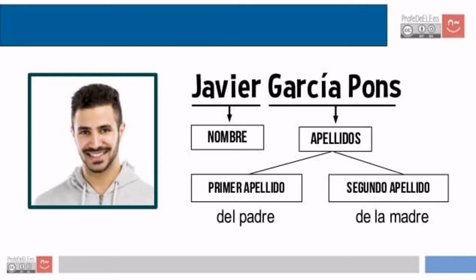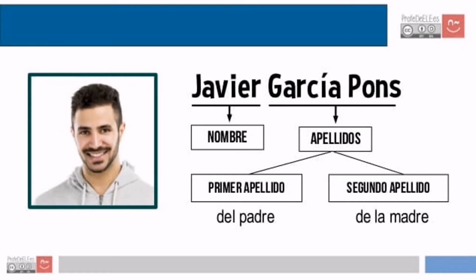Apellidos is last name, so he has two apellidos, Garcia y Pons. So Garcia is el apellido del padre, the last name of his father. Es su primer apellido. This means that it's his first last name. His second last name, su segundo apellido, is Pons. And Pons is the last name of his mother, de la madre. So this is why he has two last names, Javier Garcia Pons.